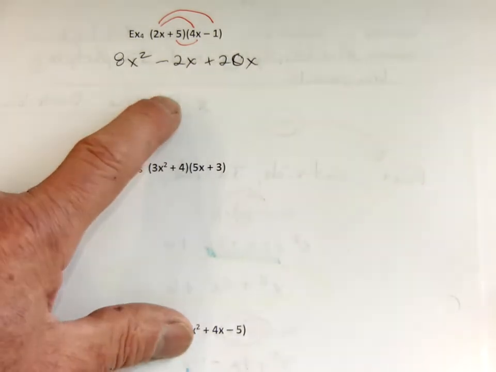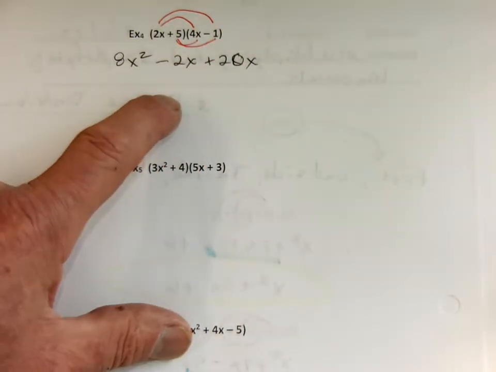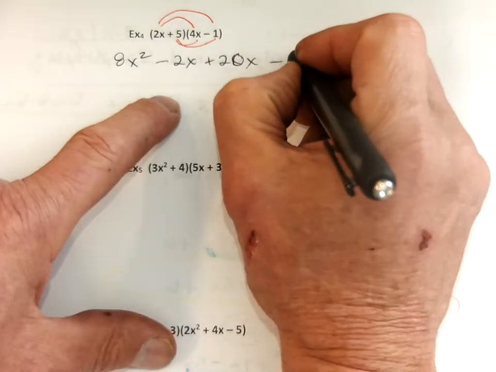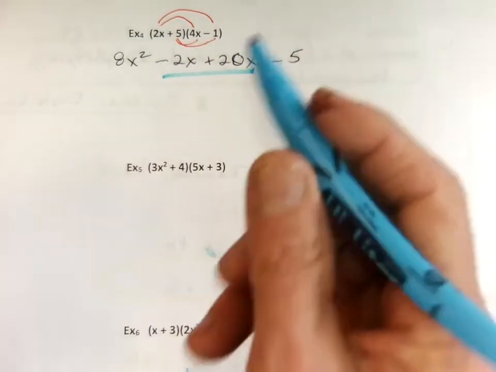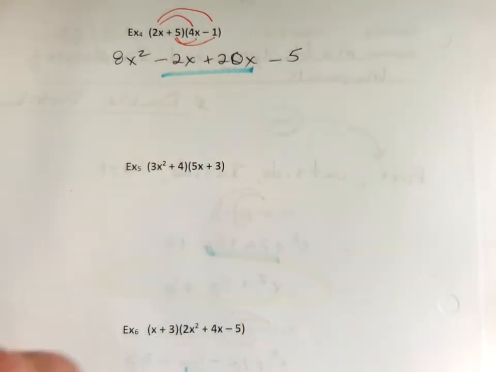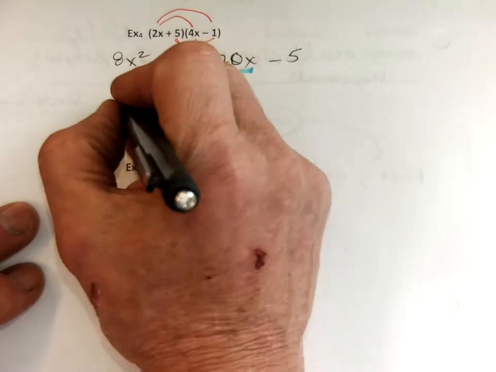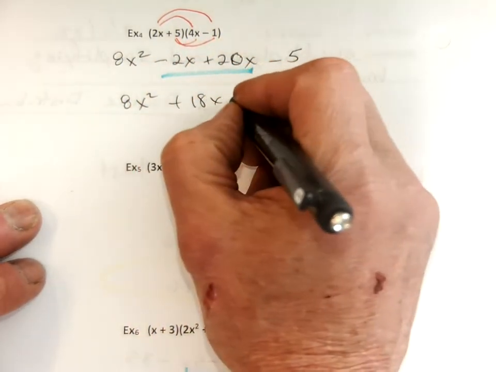And finally, 5 times negative 1 is a negative 5. So then, we'll combine the two middle terms for an 18x. I'll rewrite the answer as an 8x squared plus 18x minus 5.